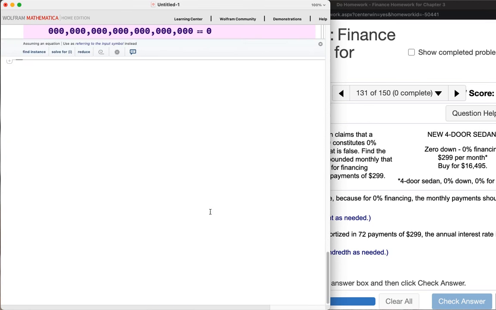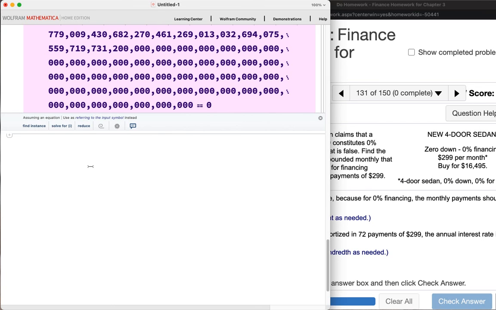So what I recommend is use FindRoot. We're looking for a root of the equation, some value for the variable I, and I need to start with an initial guess.